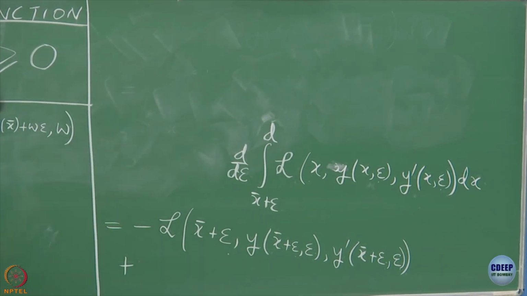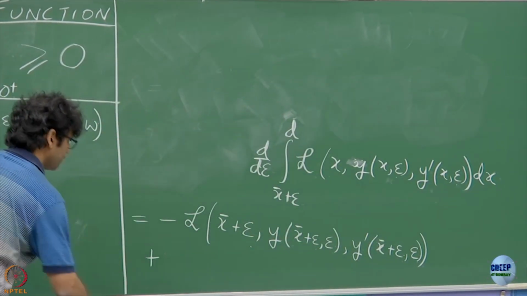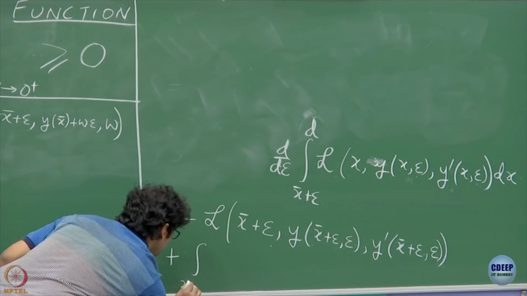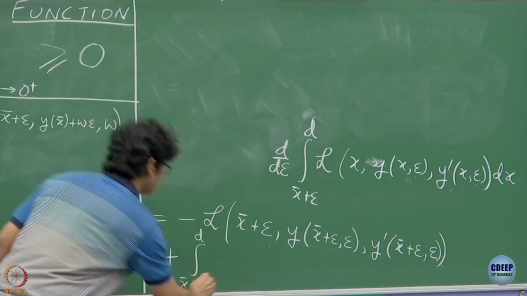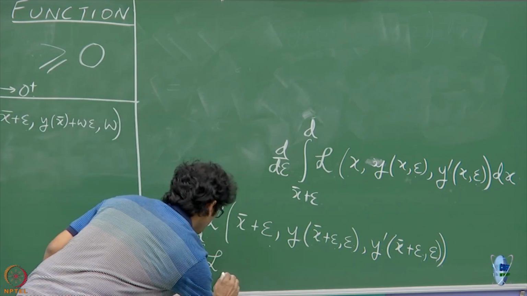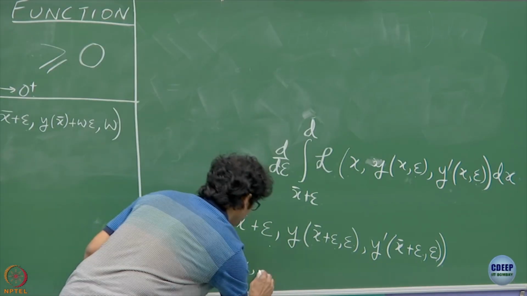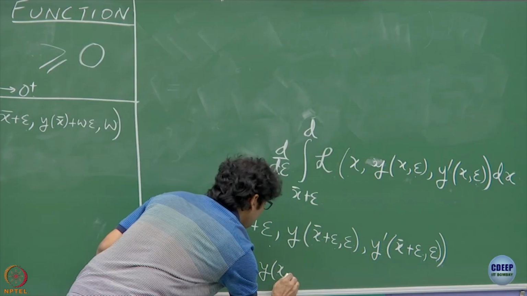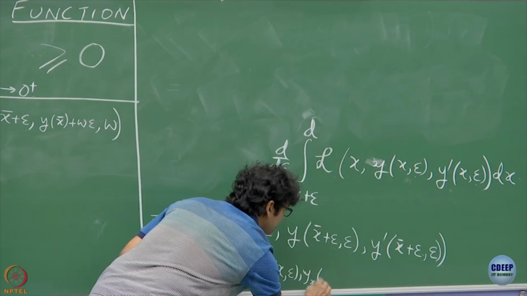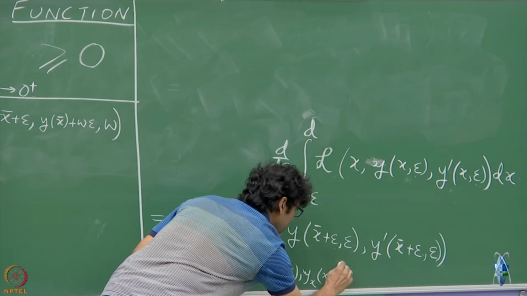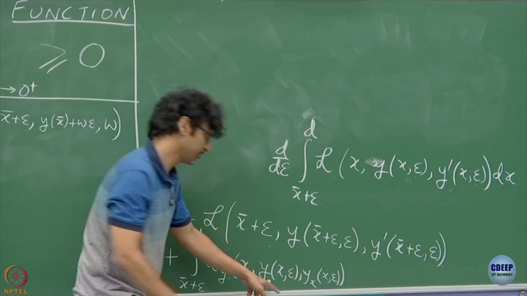Okay, so what do we have here? We have plus, two integrations will come out, one owing to this, one owing to this. So we have integration over the same interval, x bar plus epsilon to d, of L y, y x comma epsilon, y x x comma epsilon with y epsilon, y subscript epsilon.